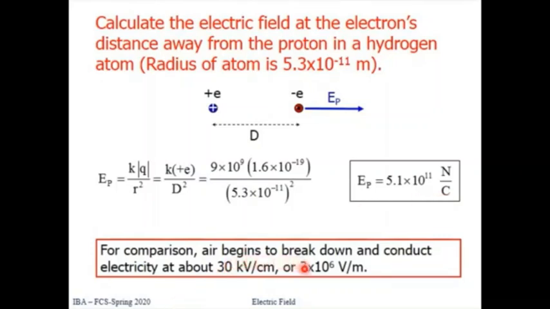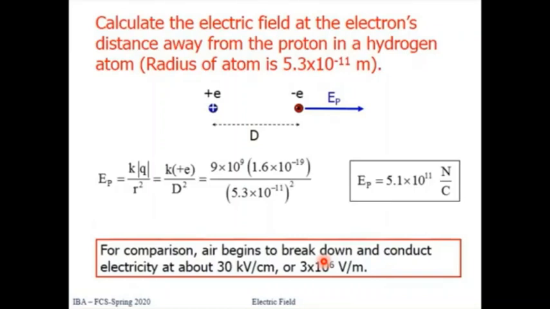If you compare this number with a daily life experiment, for example, air begins to break down and conduct electricity at about 30 kilovolt per centimeter, or 3 × 10^6 volt per meter. As I mentioned before, volt per meter is also a unit of electric field, the same as Newton per Coulomb. So if we have this much electrostatic field, then electrons can conduct even in air.